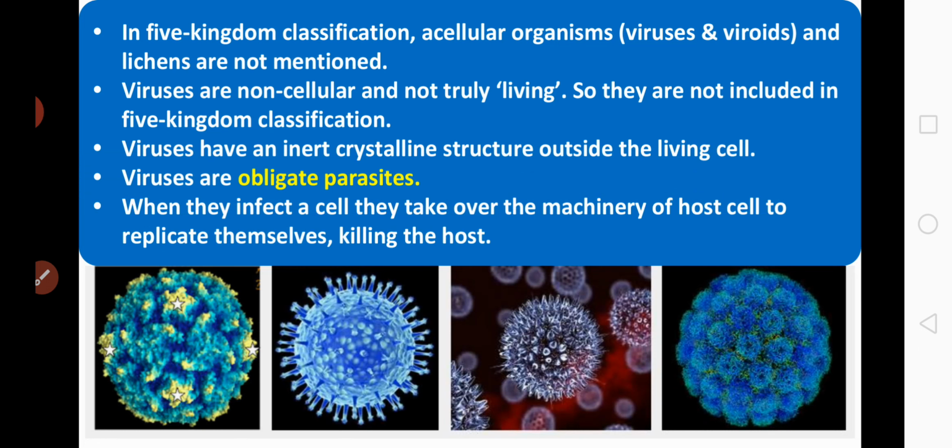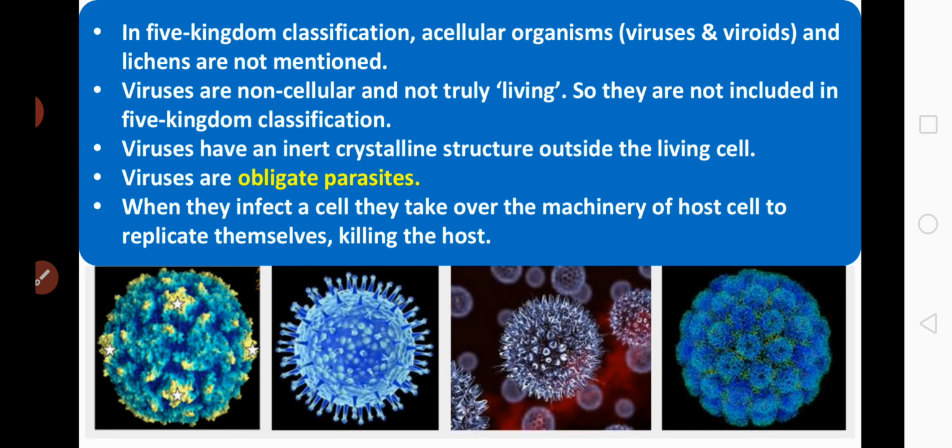Okay, so when they infect the cell, they take over the machinery of the host cell to replicate themselves, thus killing the host. So once again I'll repeat, these viruses, they are acellular, means without the cell, and are not truly living. So they are not included in five kingdom classification of R.H. Whittaker. They possess inert crystalline structure outside the living cell. That means the structure of virus is composed of crystals.